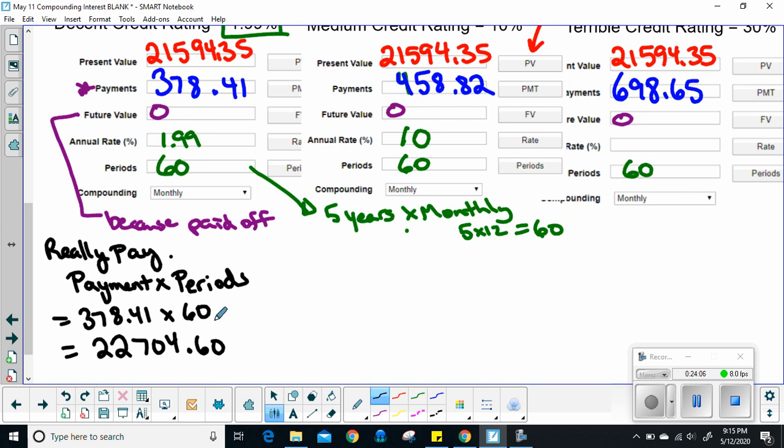Oh, you're paying what, $1,000 in interest over 5 years? Oh yeah, that's fine. No biggie.